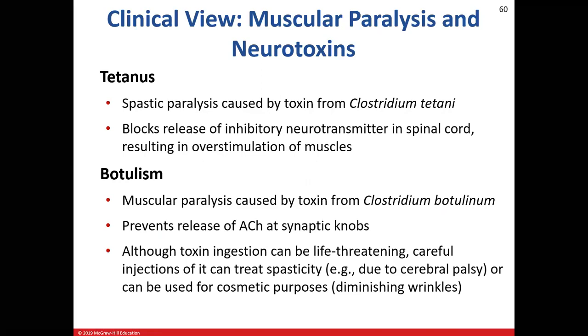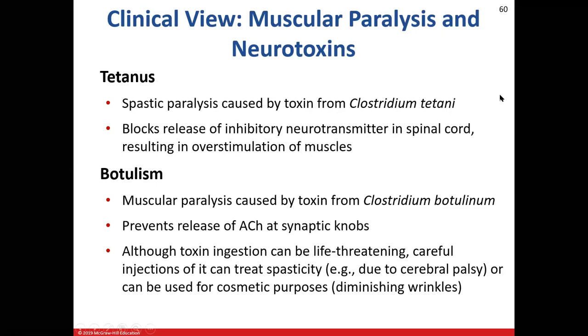It is caused by the toxin from Clostridium tetani, and it blocks the release of the inhibitory neurotransmitter in the spinal cord. This leads to an overstimulation of the muscles, which gives us almost like a Charlie horse type of effect. But again, we don't really have a lot of control over it because it is a type of paralysis.